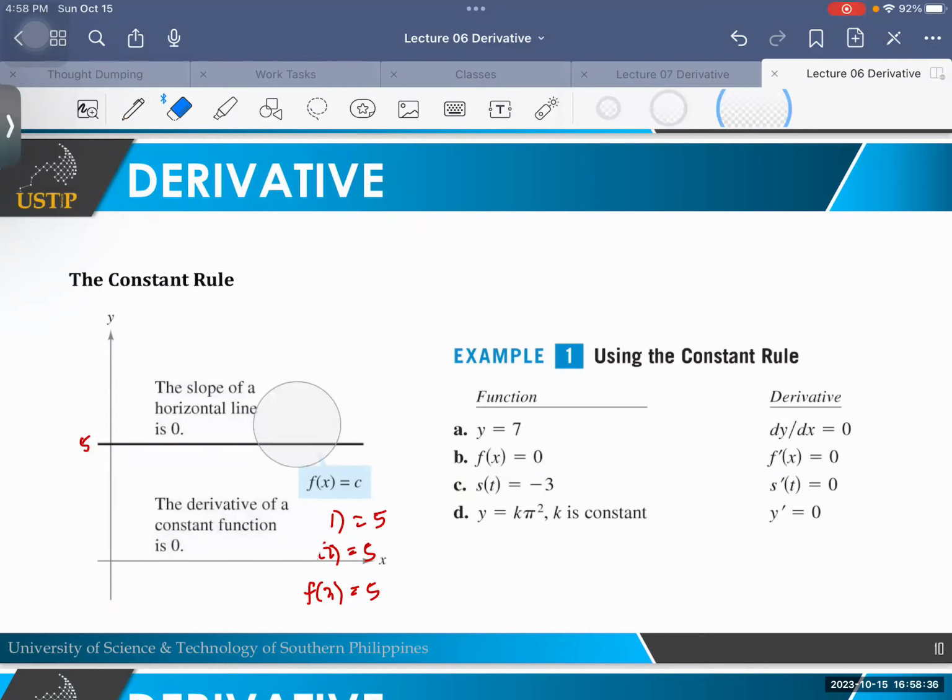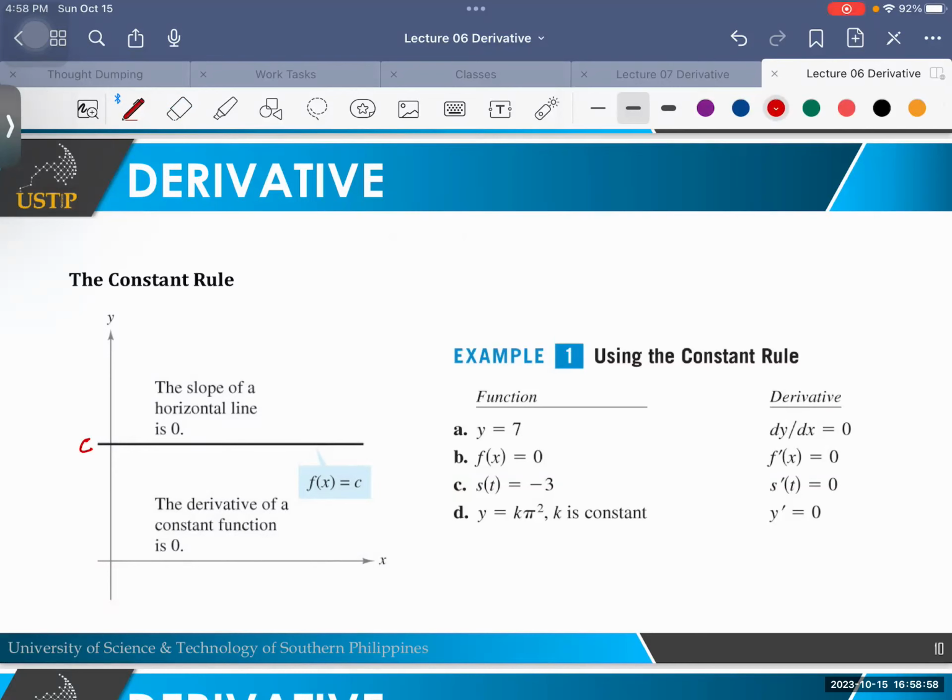Kabalo na man tanan ano. And that is also the reason why ang iyahang graph is a horizontal line nga mo-cross dito sa imong 5, if, again, your f of x is equal to 5. So generally, when you have a function f of x is equal to c type ni siya. Okay, and it is a horizontal line.